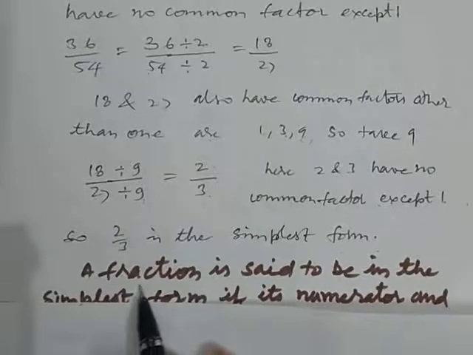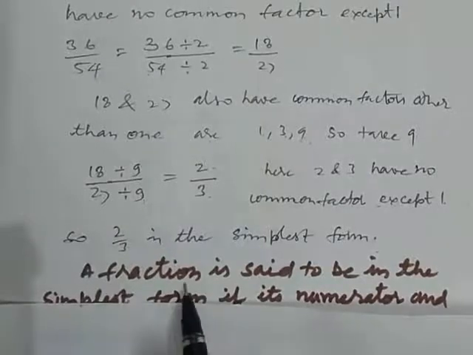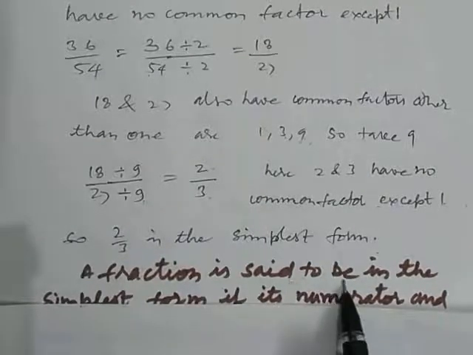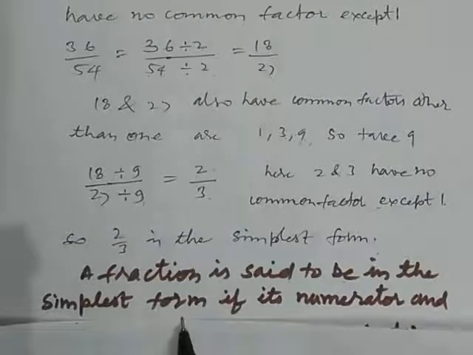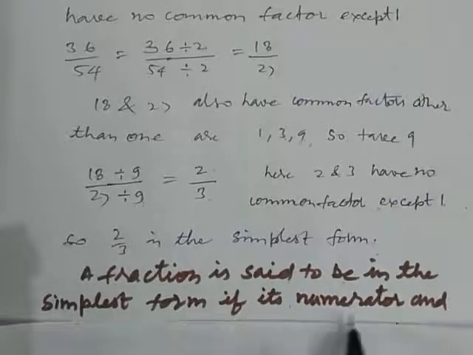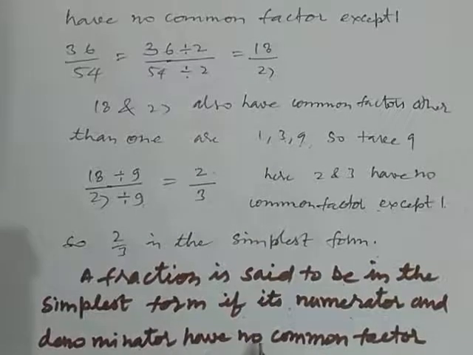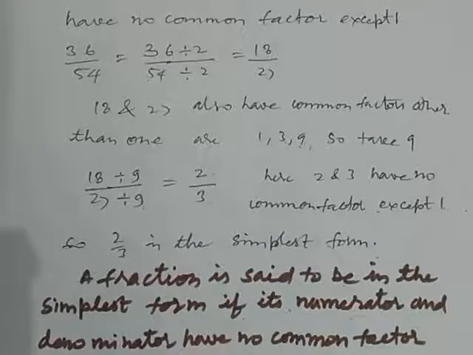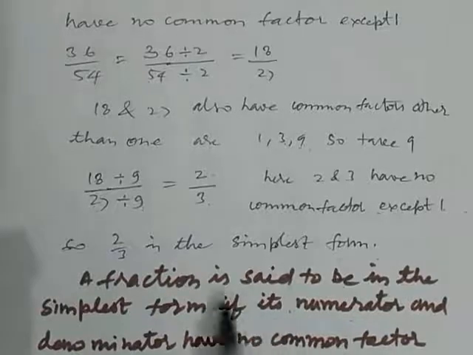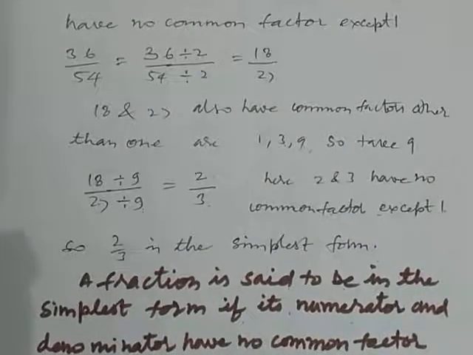Now we conclude. A fraction is said to be in the simplest form if its numerator and denominator have no common factor except 1.